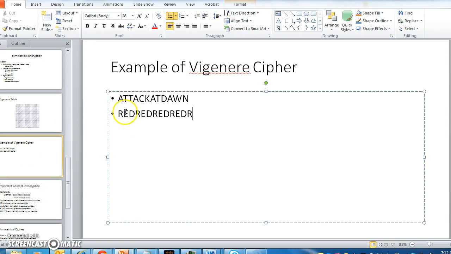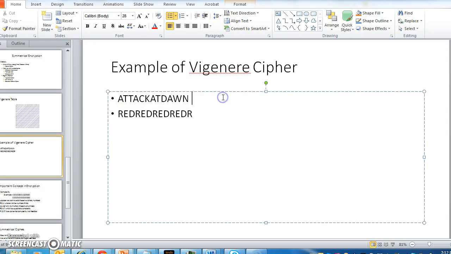So my key in this example is red. Actually, it's the word red. So in the practical scenario here, we're going to do red, and until it has the same number of characters as the text. This is the clear text.